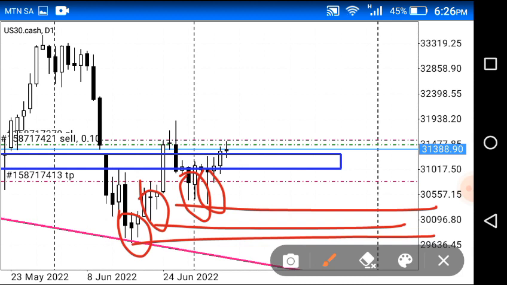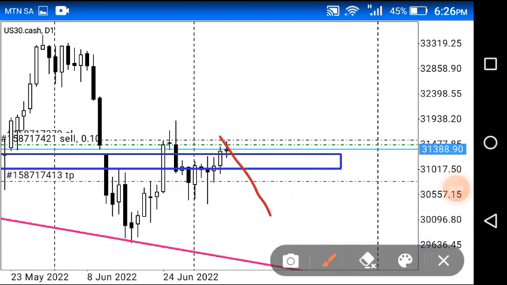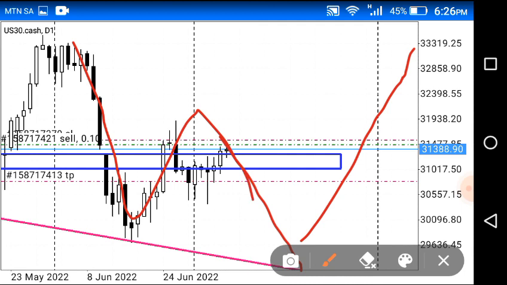So there's scope for price to move further down before actually moving up. And if that happens, should price move down from where it is to here, and then move up in this manner, it would be creating a very nice W structure, right?